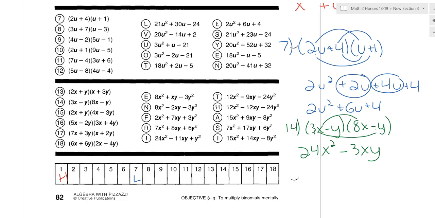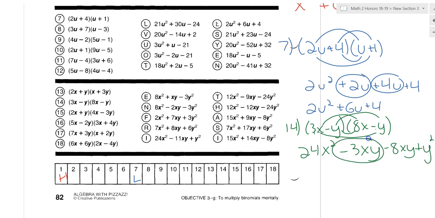So anytime you have two variables, you just write them next to each other. You can't really multiply them. And we always go in alphabetical order, so x, y. So same thing when I do negative y times 8x. Again, it's negative 8 and then xy, purely because x comes first in the alphabet. And then negative y times negative y. A negative times a negative is positive y squared.